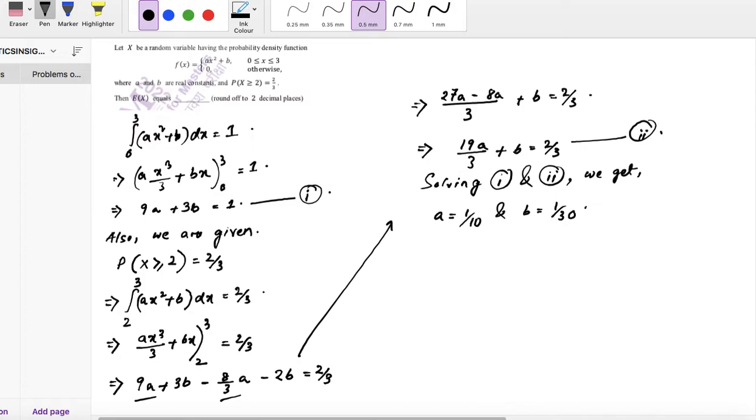Now we are required to find the expected value of x. Therefore, expected value of x is the integral from 0 to 3 of x times f of x. What will be f of x after substituting the computed value? x square by 10 plus 1 by 30 dx.